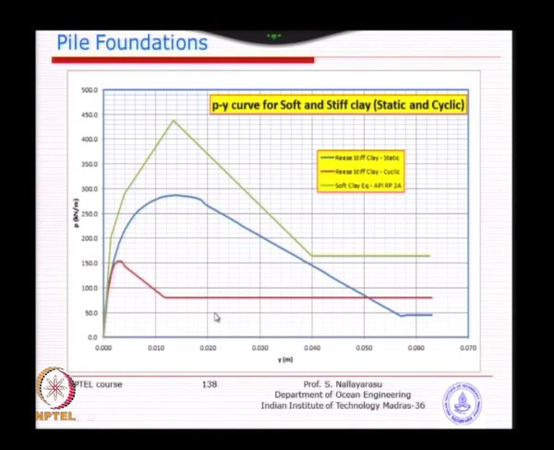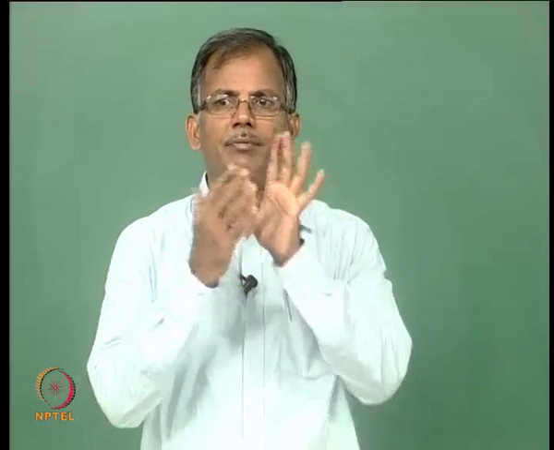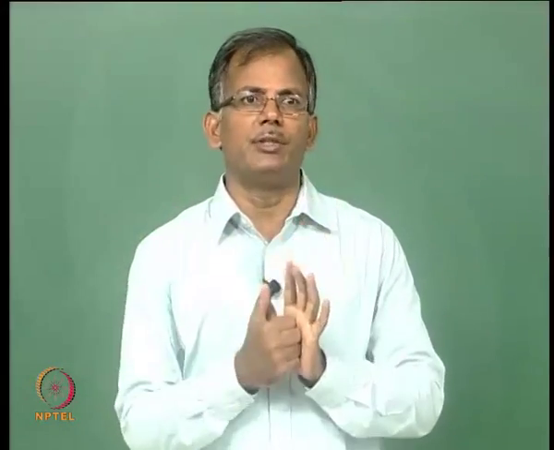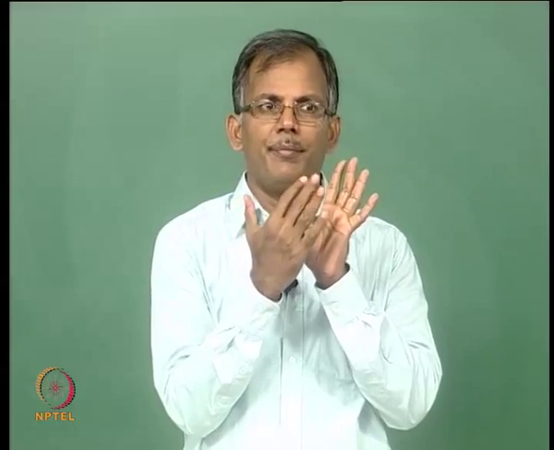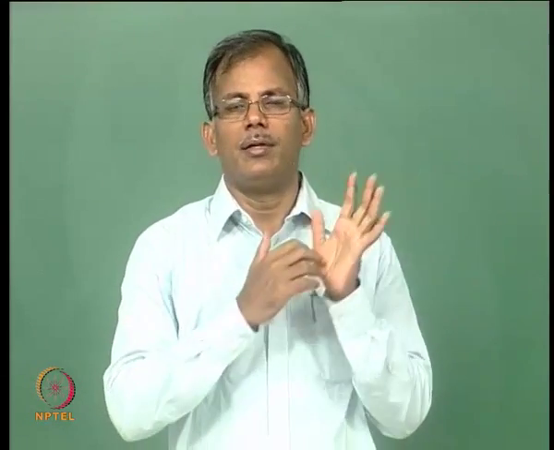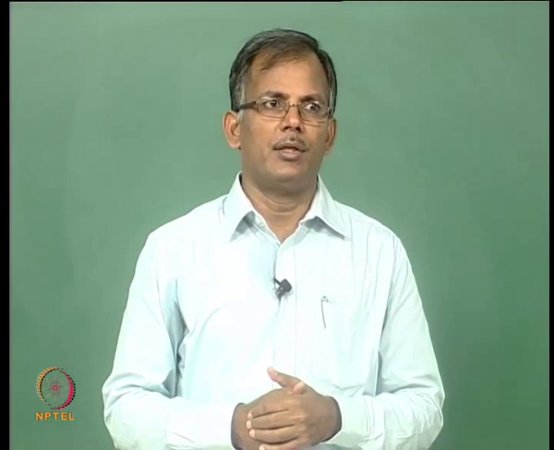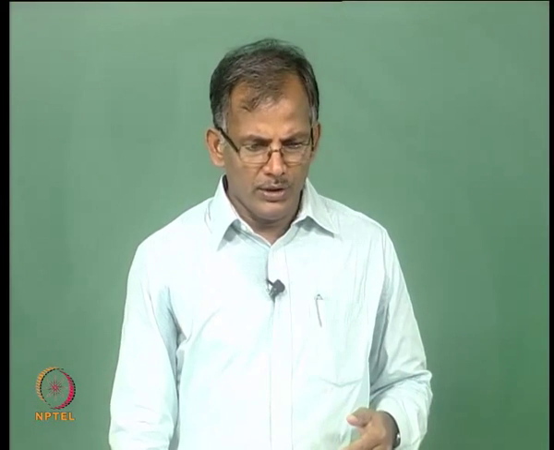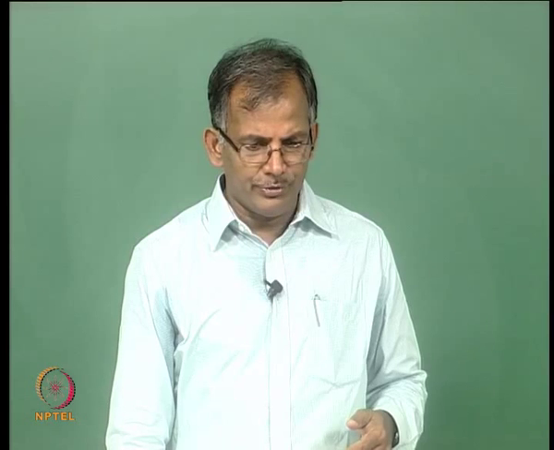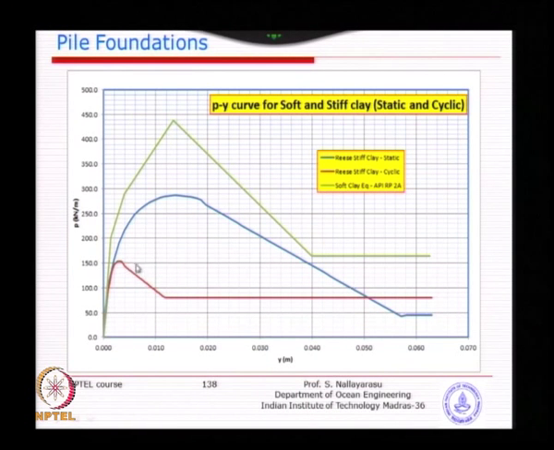So, one third of it. The understanding must be clear. Soft clay, even if it is cyclic, is reasonably better because of the flow nature, whereas hard clay, because of the brittleness of the material, does not come back and does not provide sufficient resistance. So, from soft clay to this, it degrades substantially.